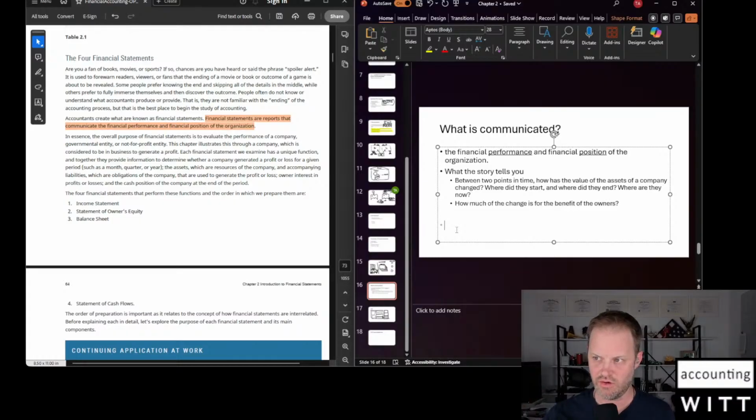Now, as a stakeholder, what does a stakeholder want to know? They want to predict the future. That's basic, or like they want to make judgments about the future.